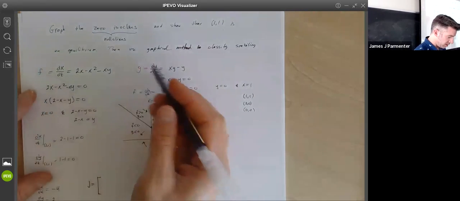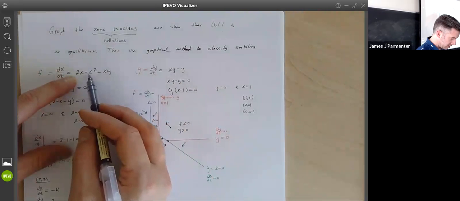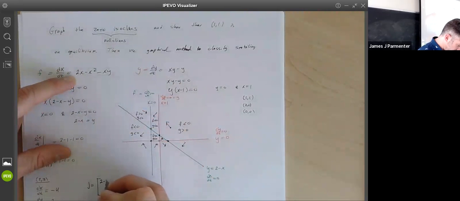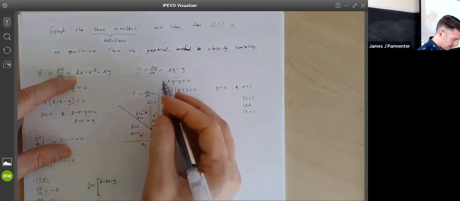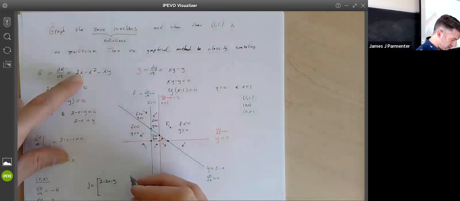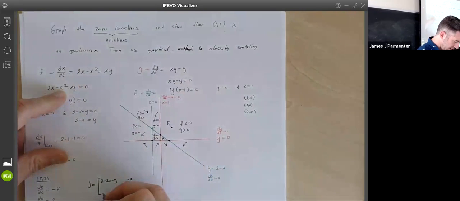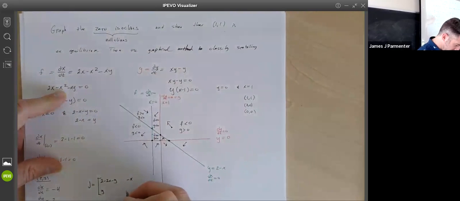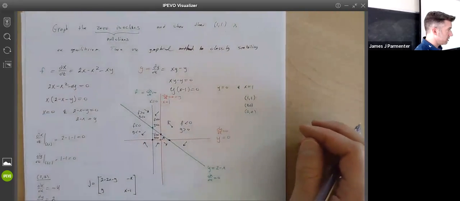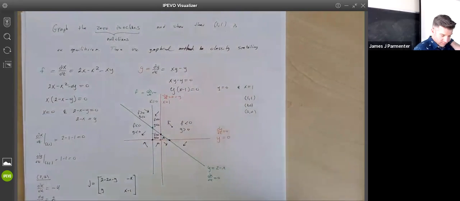So if I want to find the Jacobian here, it would be 2 minus 2x minus y, and then negative x. And then down here the partial derivative in x would be y, and then x minus 1. So you can find the Jacobian for this system of equations and then do the things.